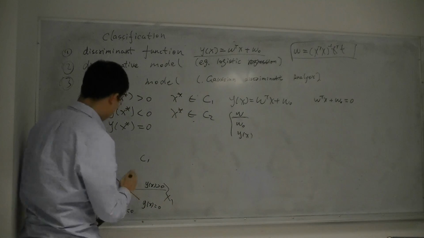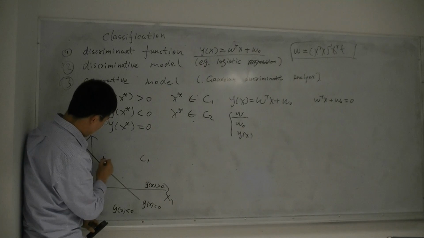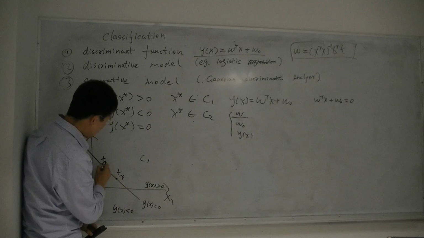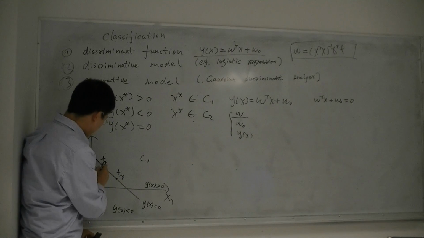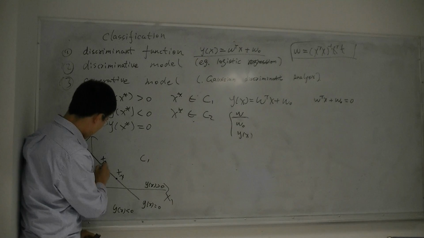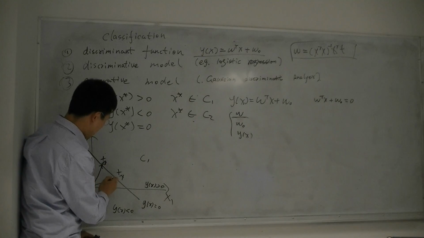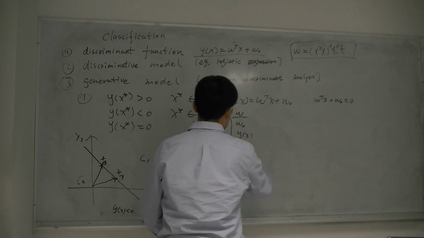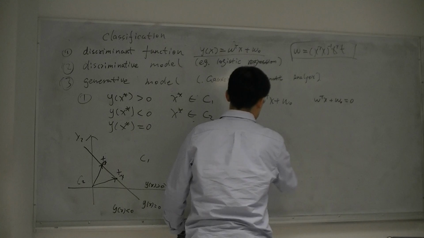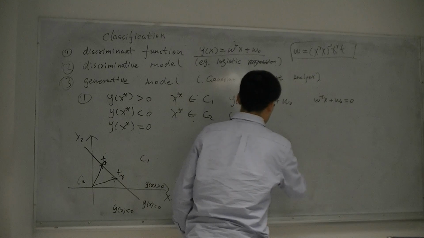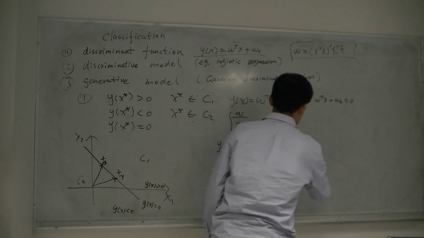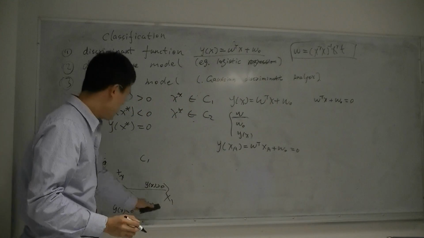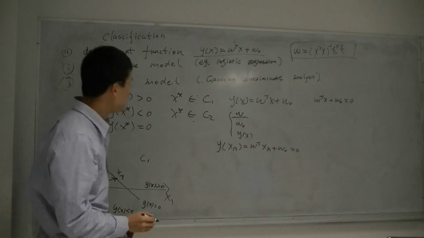Suppose we have two vectors here, xa and xb, both on the classification boundary. So we have y of xa equal to omega transpose xa plus omega 0 equal to 0, since this vector is on the classification boundary according to the definition.